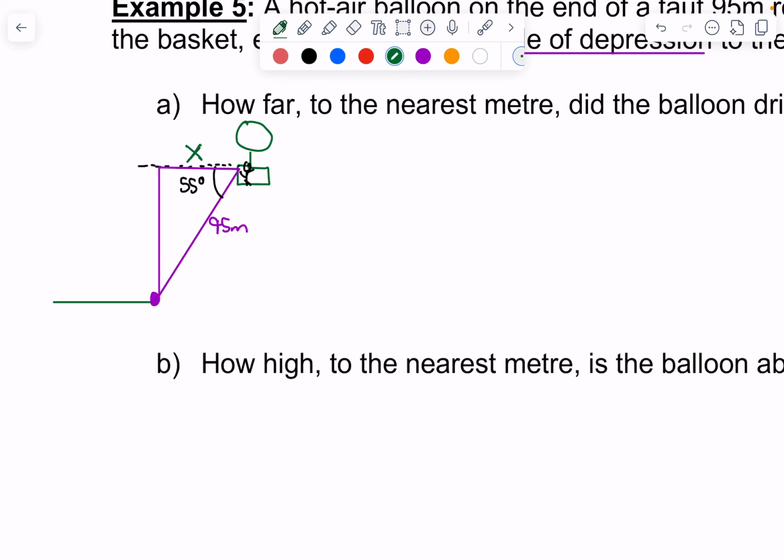So I'm going to be using the cosine ratio. Cosine of that 55 degrees is measuring adjacent. Adjacent would be the x over the given 95. So now isolate for x, so multiply both sides by 95, and you're going to get 95 cosine 55 degrees is equal to x, because these cancel.